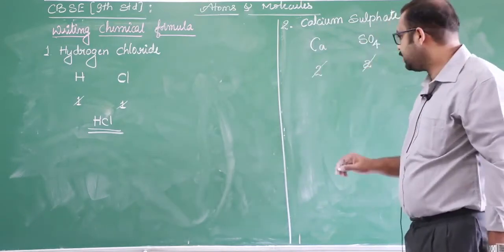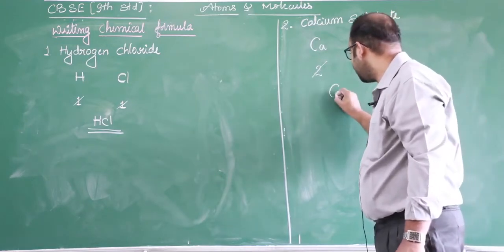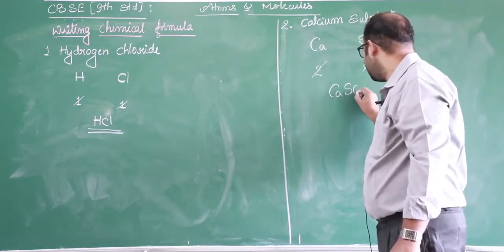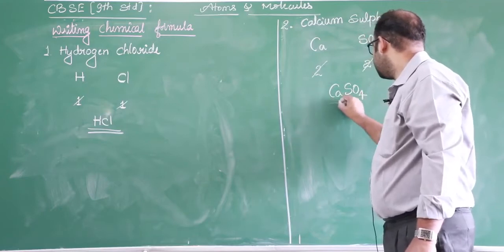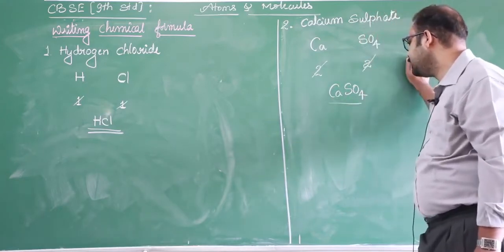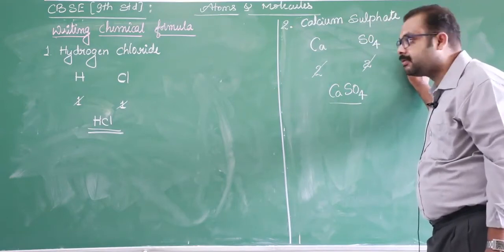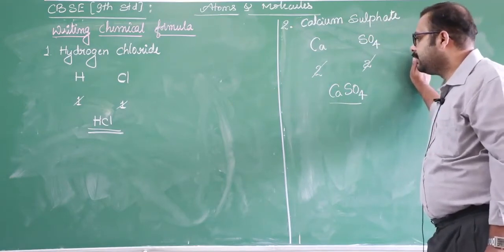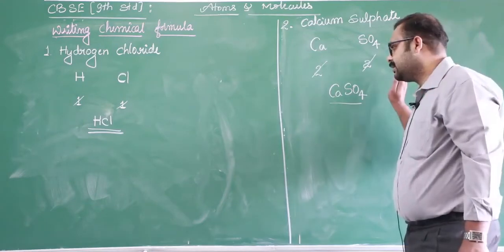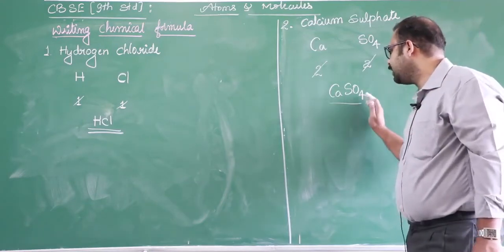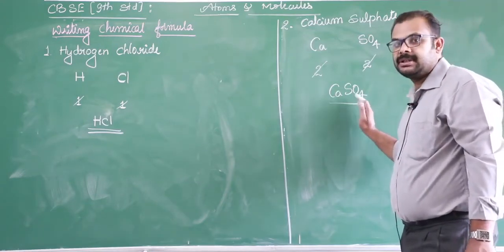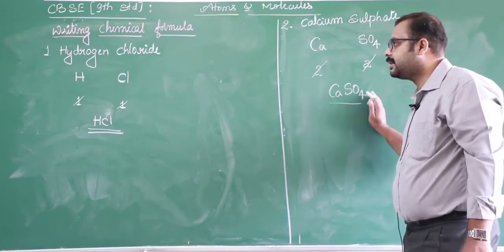Same valency, they cancel each other, then write together: CaSO4. So the formula of calcium sulfate is CaSO4. This is how you have to remember valency, cancel each other and write the symbols together. This is how you have to write the formulas.